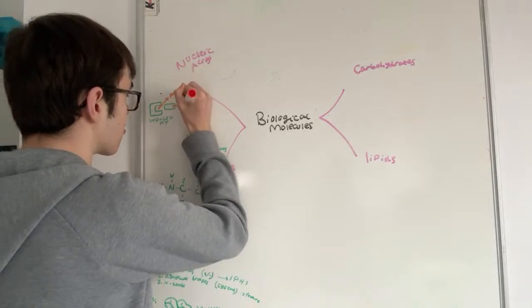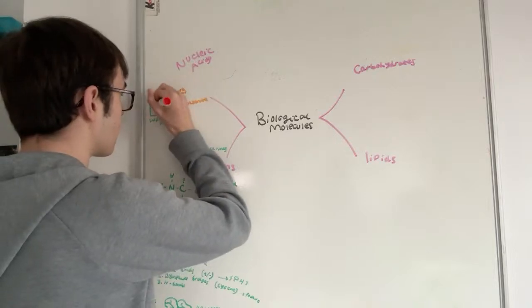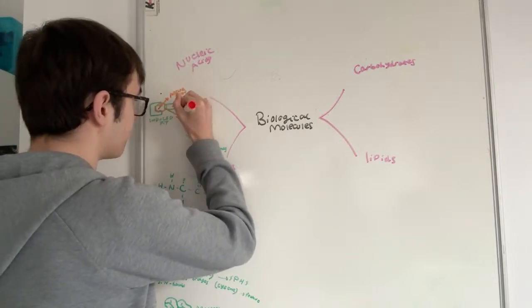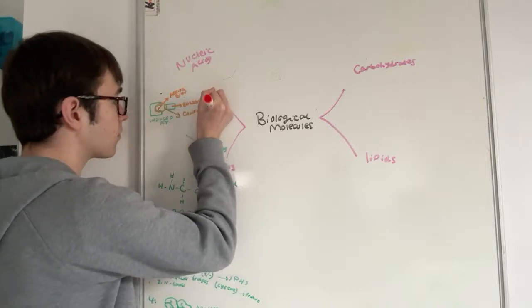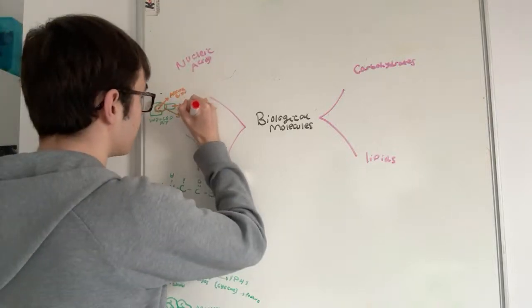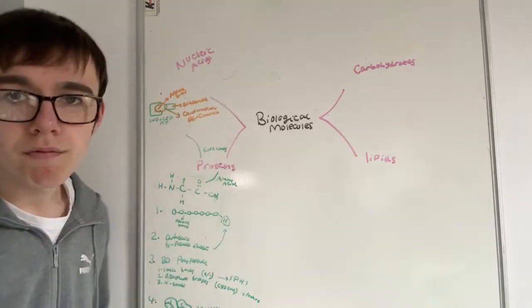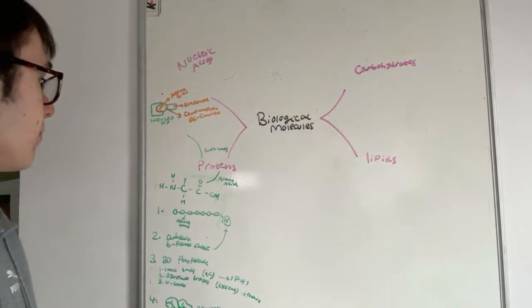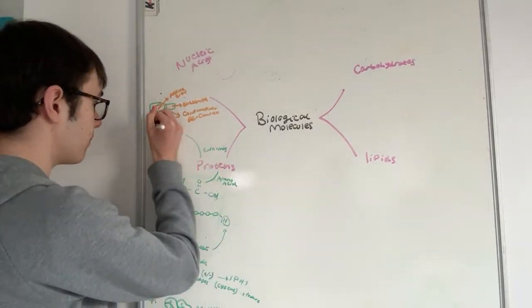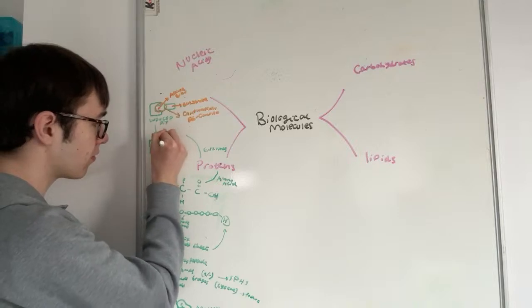That will obviously be the substrate. That is complementary. And it forms an ES complex. Those are the most important keywords to get down: complementary and ES complex. I mean, you could talk about inhibition too.